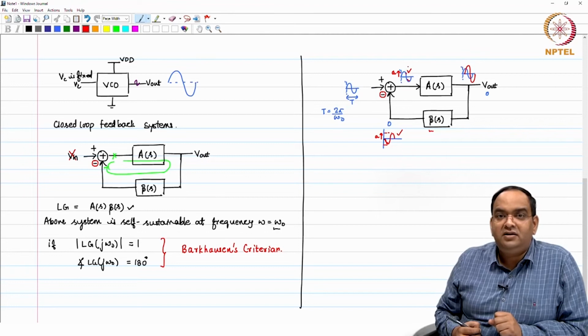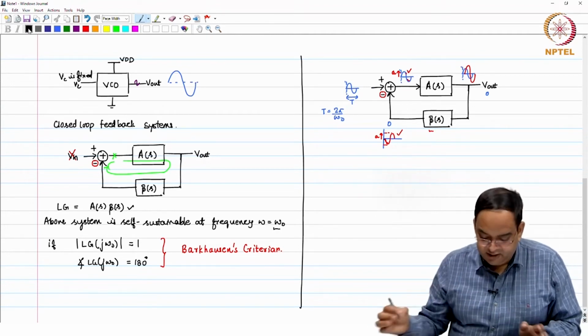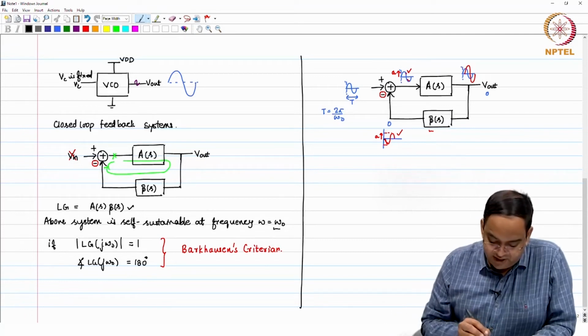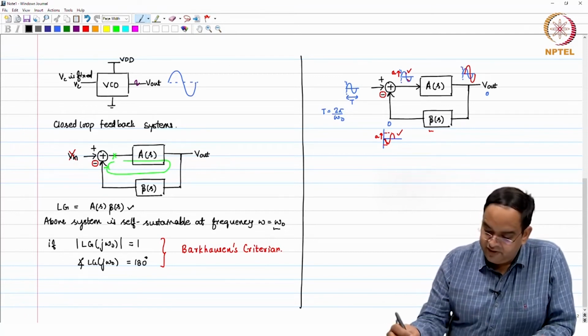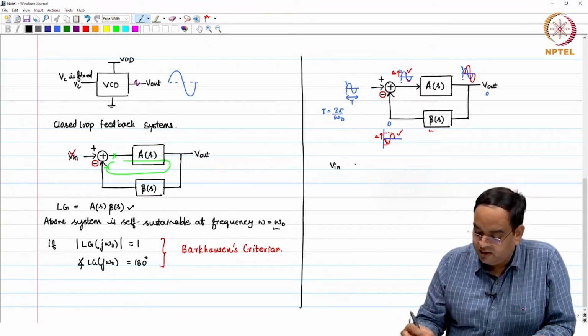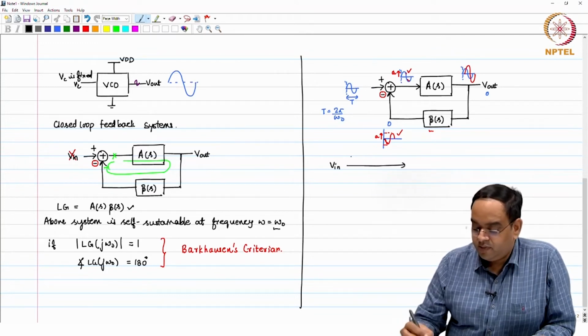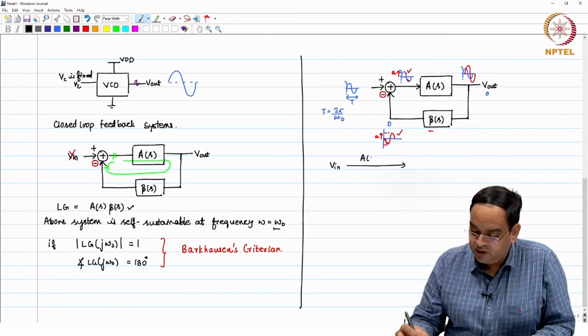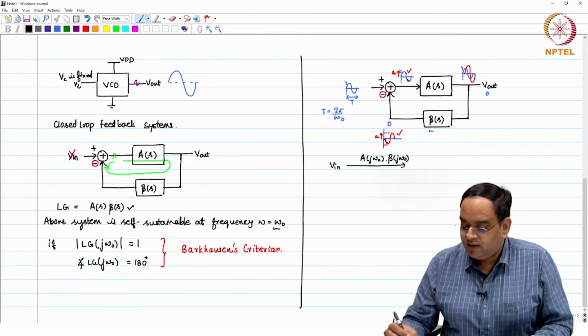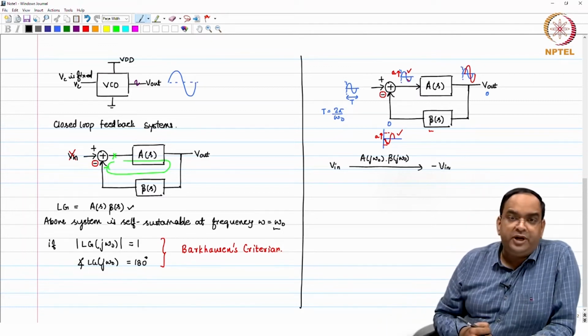Which in turn is telling you the same thing: if I feed this sine wave V in, then when I multiply by A of j omega naught times beta of j omega naught, what I effectively get is minus V in. That is what I am doing.